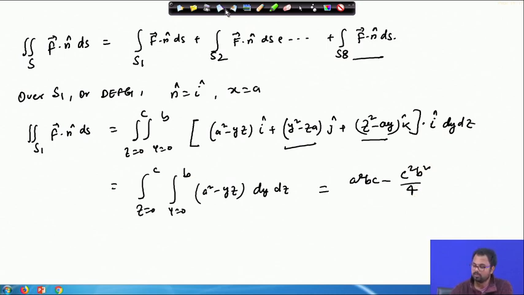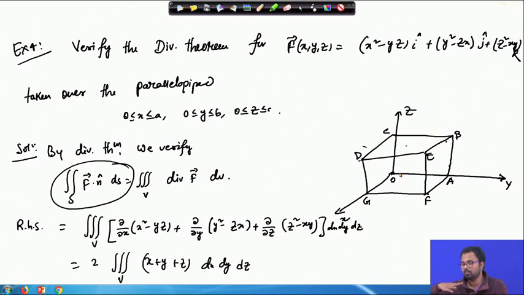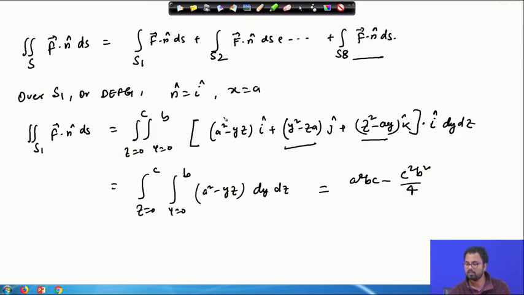Next, we will integrate on the other side. If D E F G was this face, then we will now integrate on the surface A O B C, and on that other surface, instead of taking i, we will take minus i and proceed in a similar fashion. Of course, we have to take x equals 0 because that is the plane x equals 0. Substitute here.